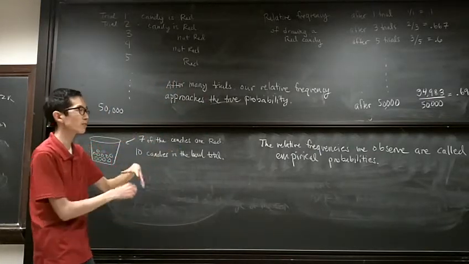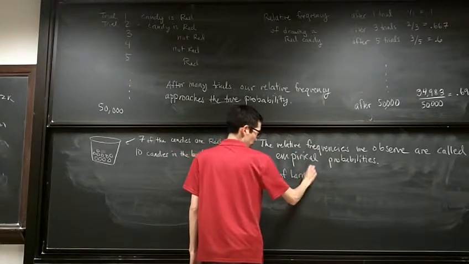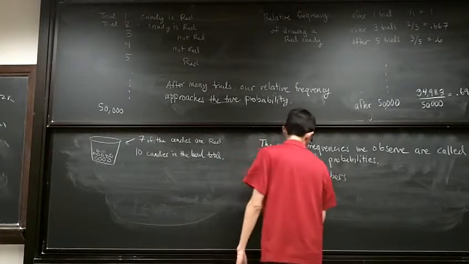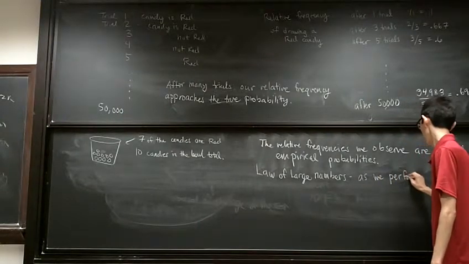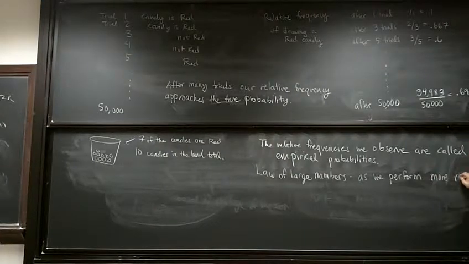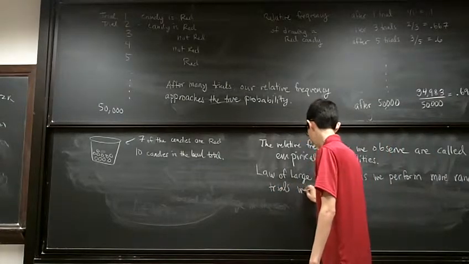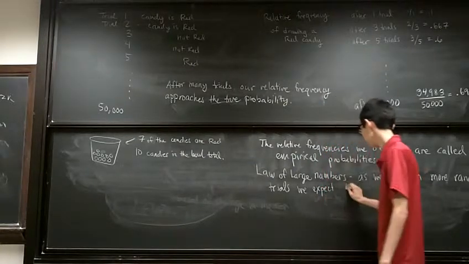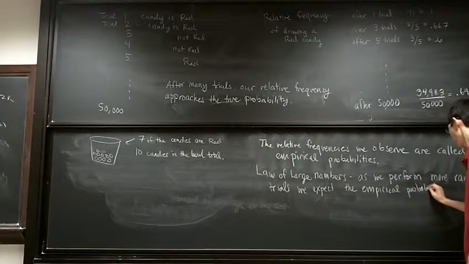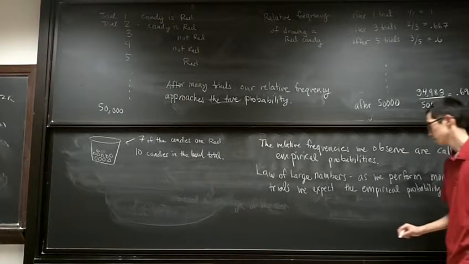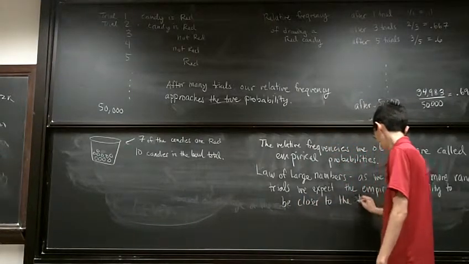And that's part of this thing that we call the law of large numbers, which states that as we perform more random trials, we expect the empirical probability to be closer to the theoretic probability.